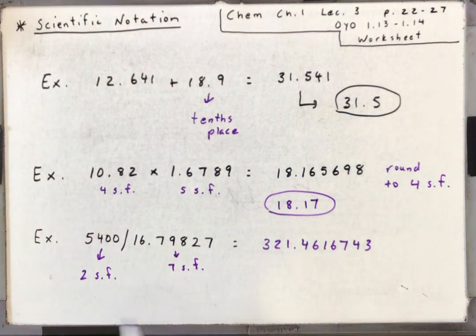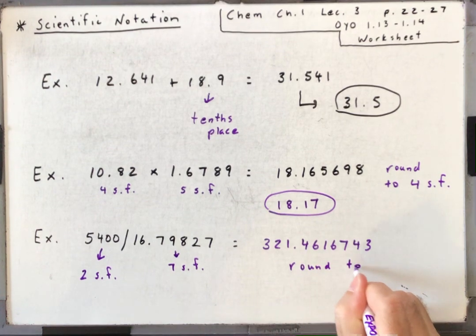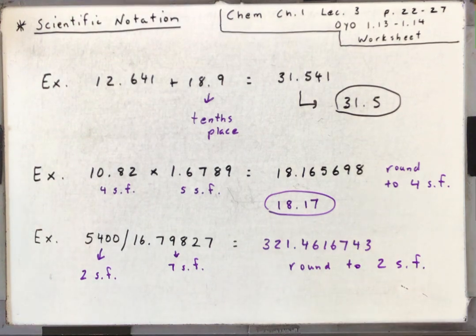So we need to round this answer to 2 significant figures. All right, so take a look at that number, and how would you round it to 2 significant figures? I want you to give it a try, and then I think if you get it wrong, the answer will make sense.